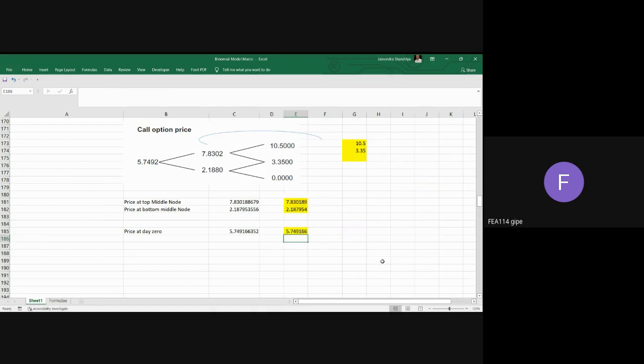So the price at day 0 is 5.749166. If there are two periods and we are pricing today, day 0, it is 5.749166. So this is how you will price if there are two periods of the binomial model.